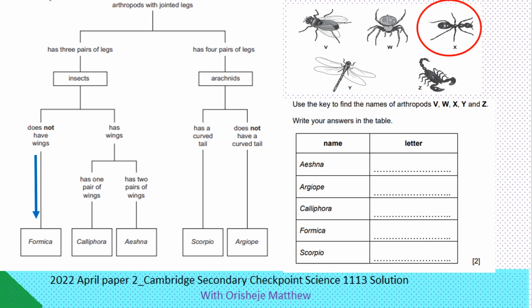Does not have wings. Formica. That is X. Has wings and a pair of legs.